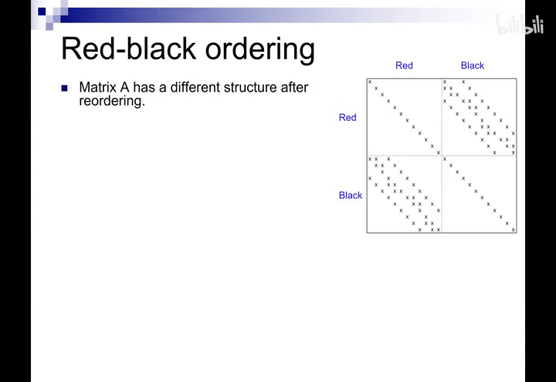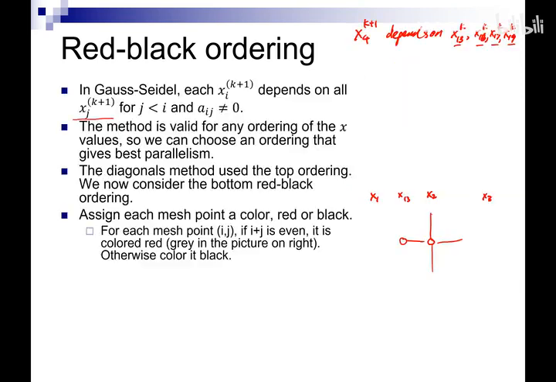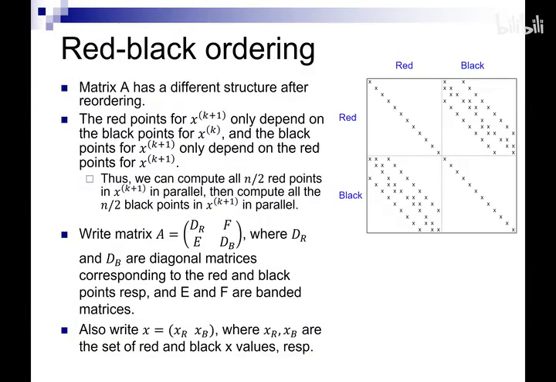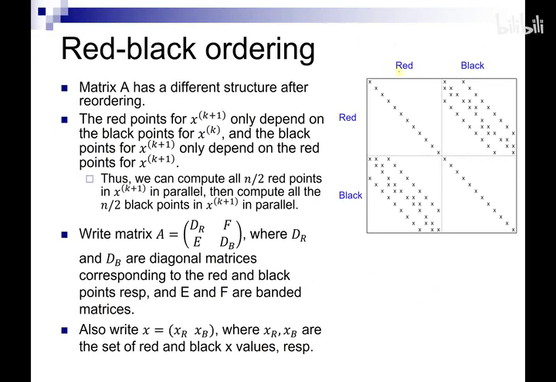We can show this another way, which is that we can write out the A matrix. What are the non-zero values for the A matrix? Because you don't have any dependencies between the red points, and I'm listing all of the red points before all of the black points, as we said we were going to do, the only non-zeros in the A matrix are on these diagonals.